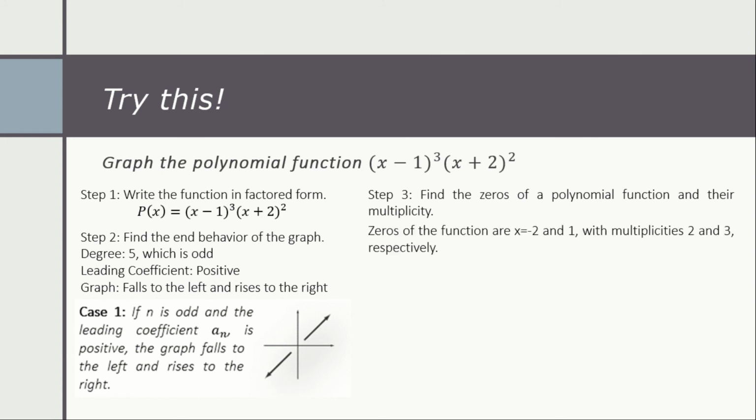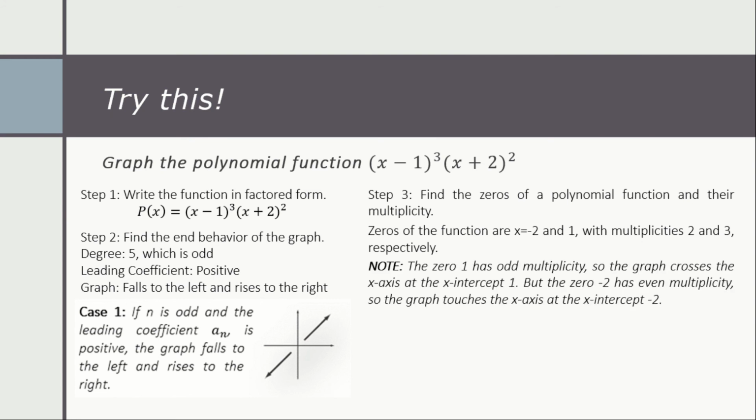The zeros of the function are x equals -2 and 1, with multiplicities 2 and 3 respectively. Note that the zero 1 has odd multiplicity, so the graph crosses the x-axis at the x-intercept 1, but the zero -2 has even multiplicity, so the graph touches the x-axis at the x-intercept -2.